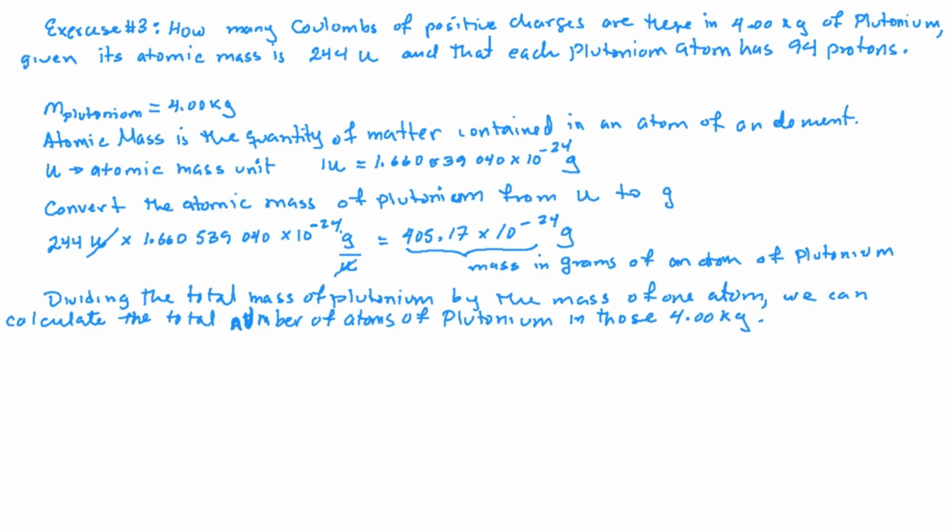And that is going to give us how many atoms of plutonium we have. So dividing, we find the total number of atoms.